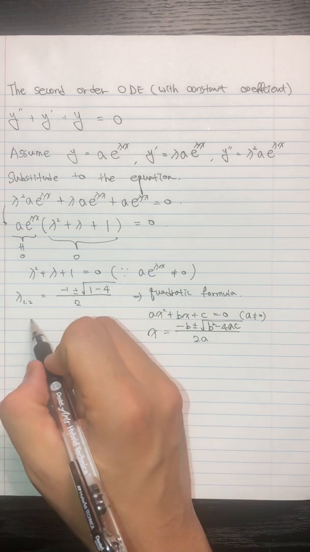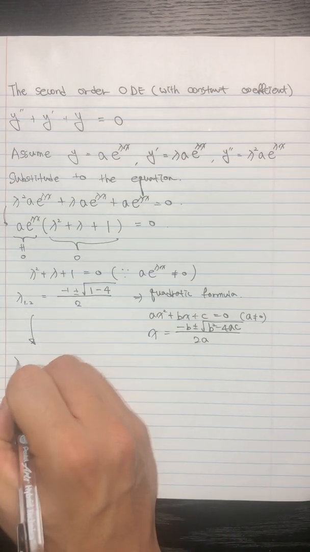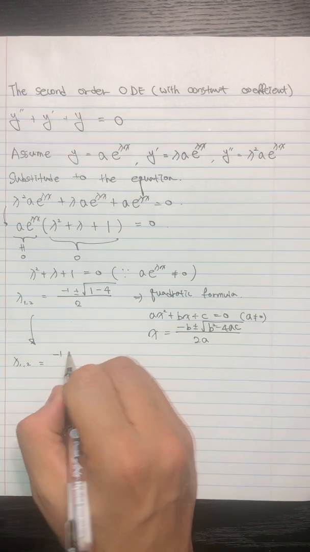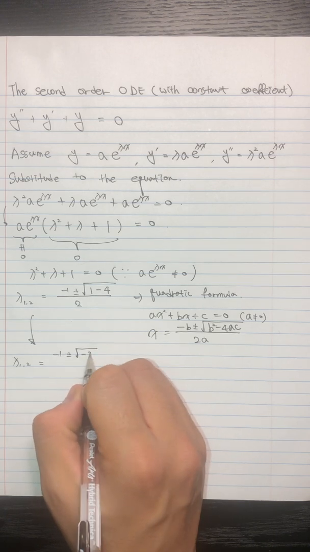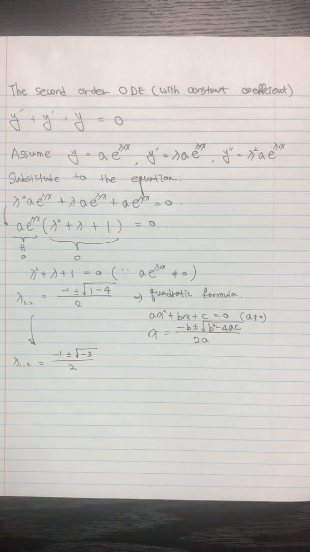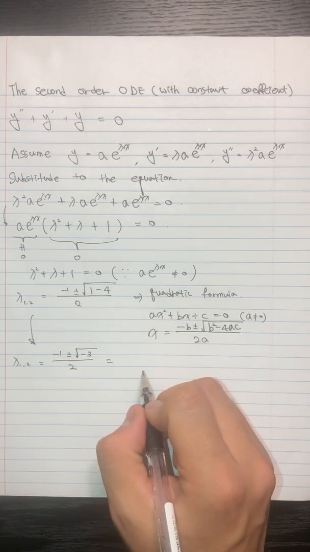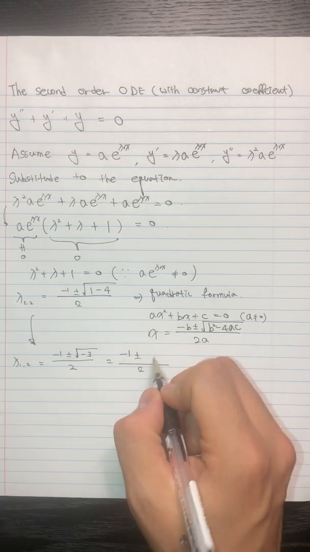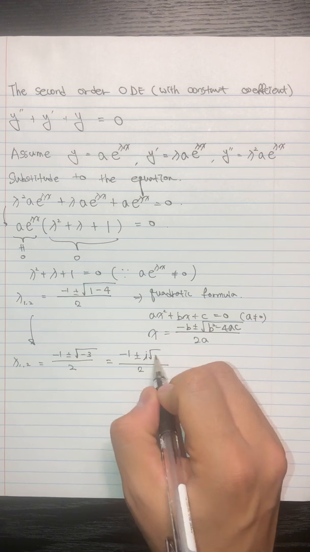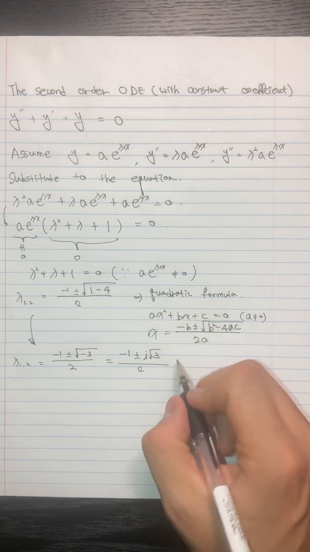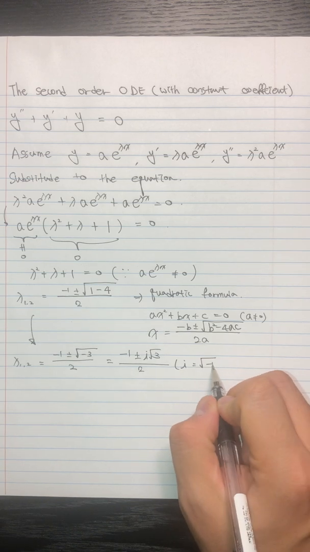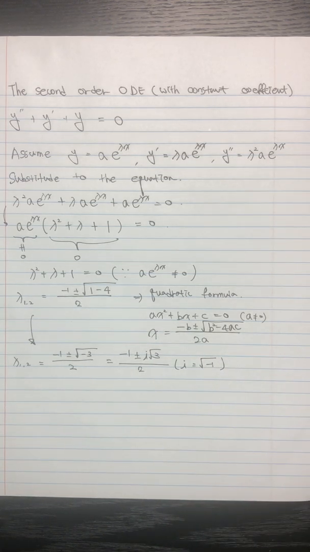So we can get lambda 1 and 2 equal to minus 1 plus minus the square root of minus 3, over 2, right? We can rewrite this as minus 1 over 2 plus minus i square root of 3 over 2, where i equals square root of minus 1, right?